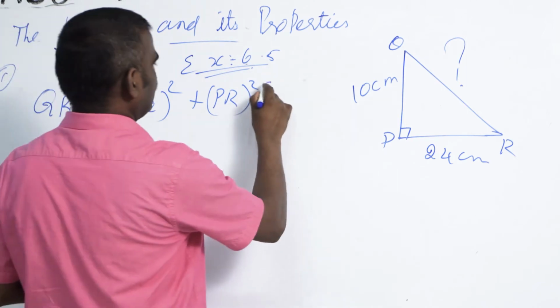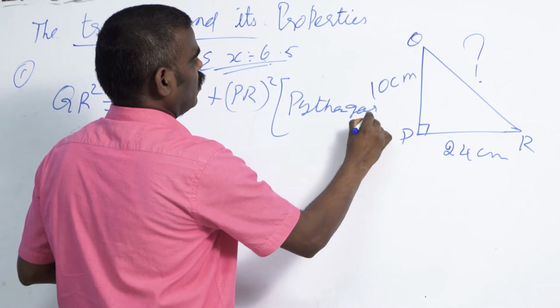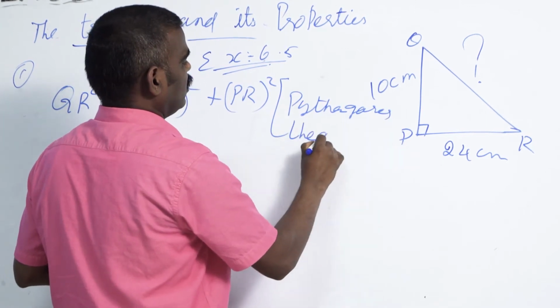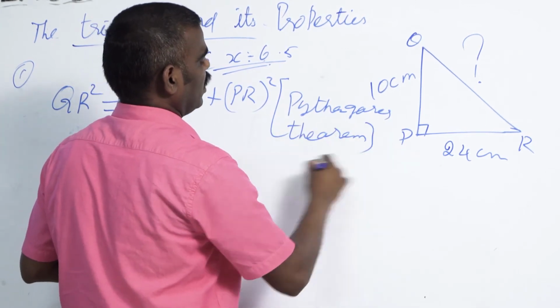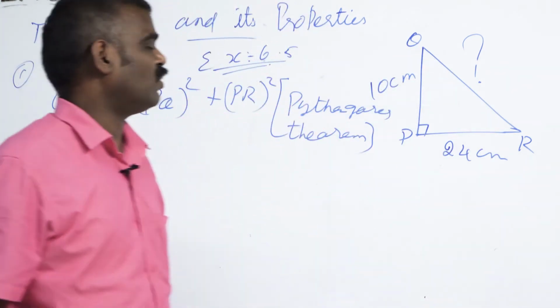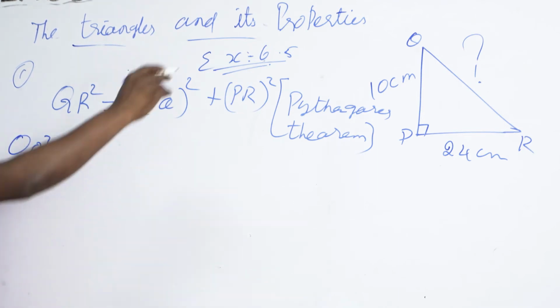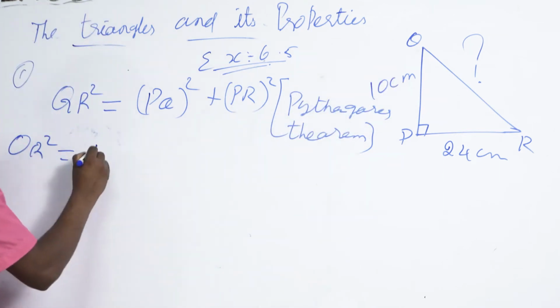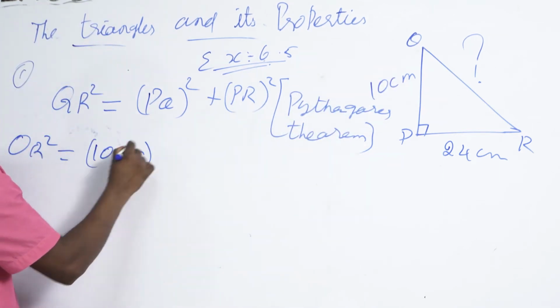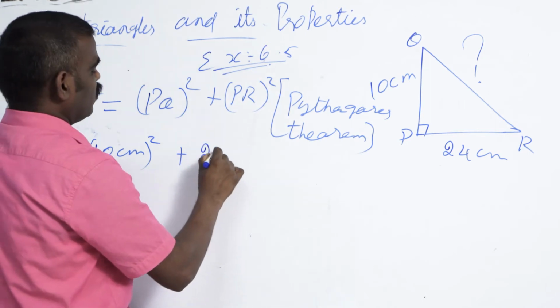What is the reason? Pythagoras theorem. According to the Pythagoras theorem, the square of the longest side is equal to the sum of the squares of the other two sides. QR we do not know. PQ is 10 centimeter, so 10 centimeter square plus PR is 24 centimeter square.